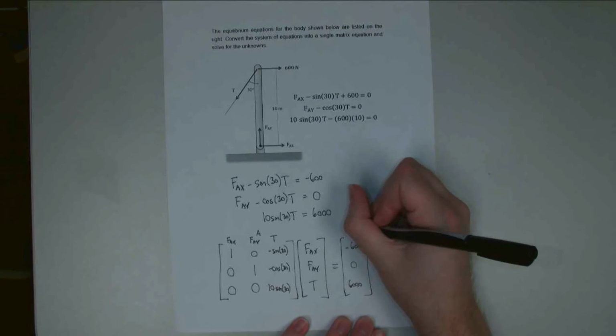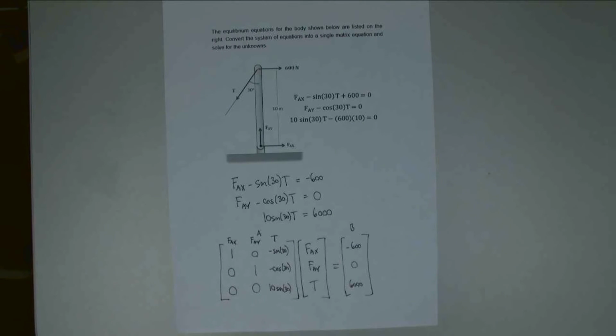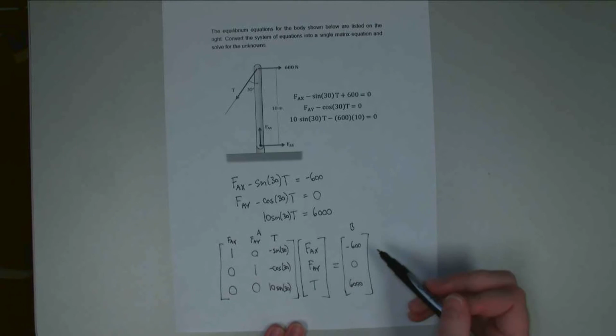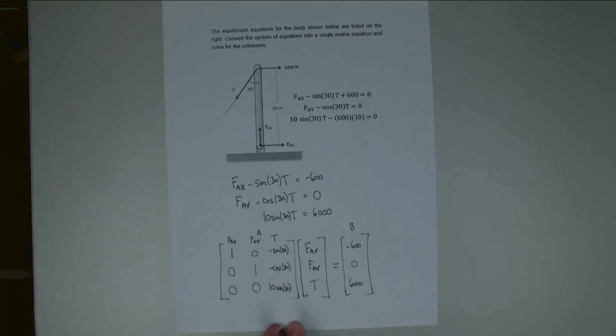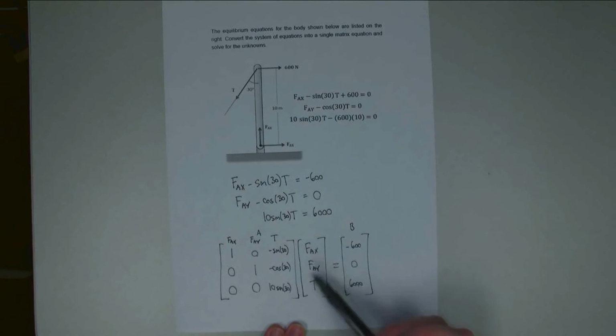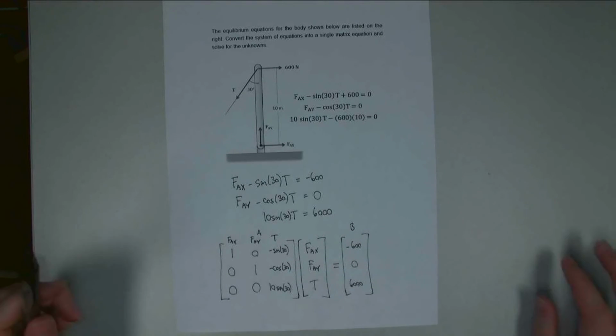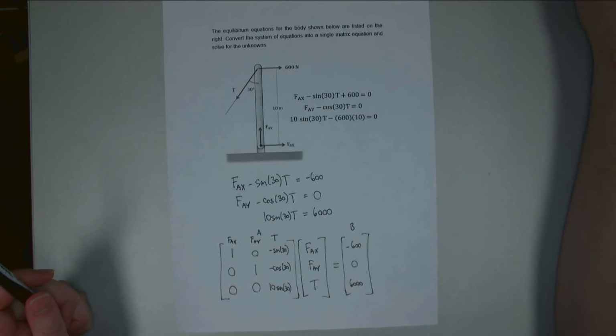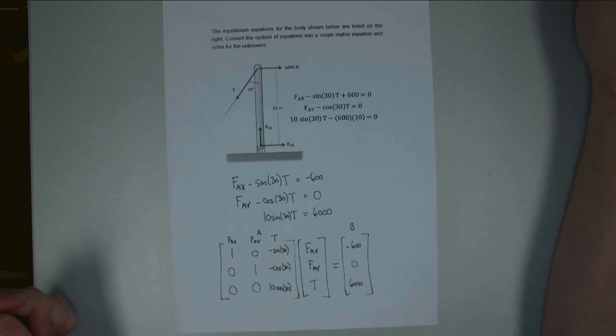Alright, and so this is matrix B. And so to solve for this, I need to basically divide by A. So it's going to be A inverse times B is going to give me these variables. Alright, so next I'm going to stop this video and we're going to resume on the computer. And I'm going to show you how to do this in both MATLAB and with the other online tool that's in the Adaptive Map textbook. Thank you for watching. Hope to see you soon.